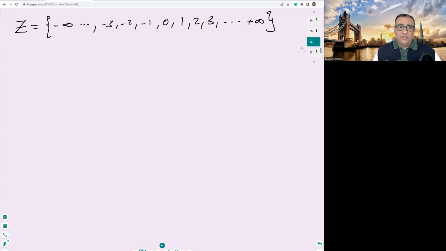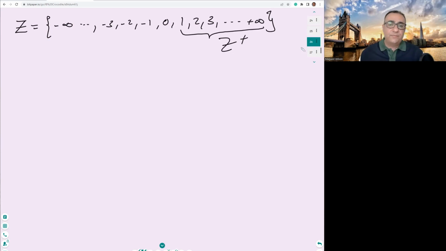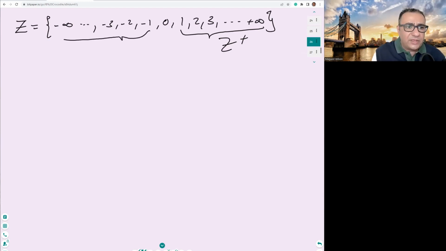Now these are integers. What does it mean? It means there is nothing between 1 and 2. So 1 is an integer, the next integer is 2, the next integer is 3, right? We took 1, 2, 3 up to positive infinity and call it Z positive, which is the set of positive integers. And we call -1, -2, -3 down to negative infinity Z minus, which is our negative integers.